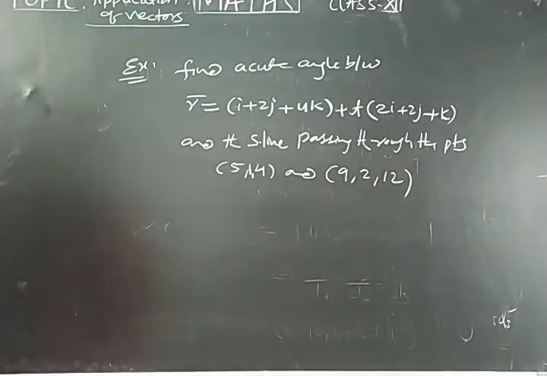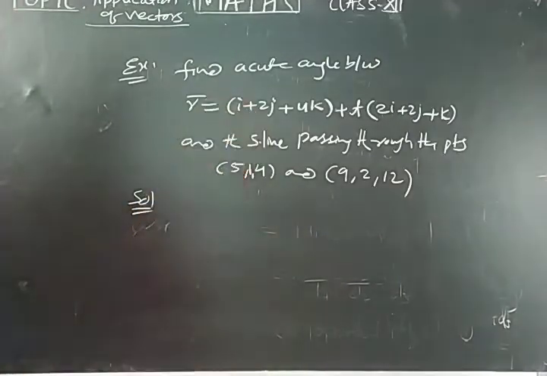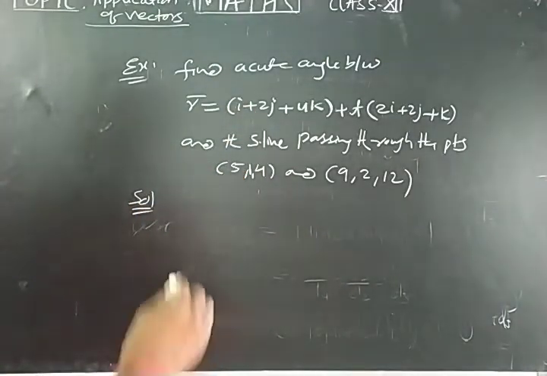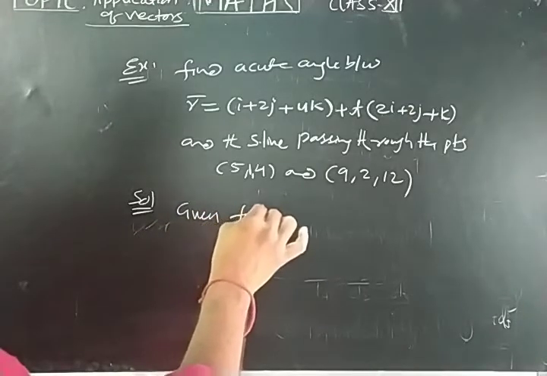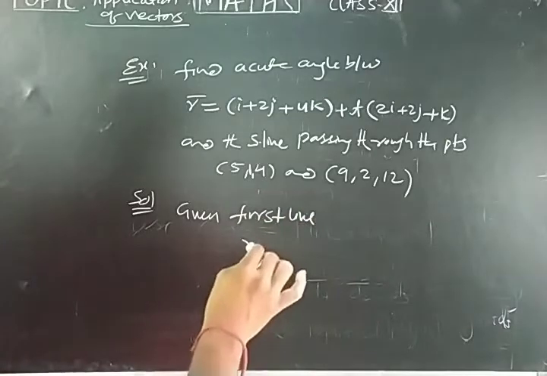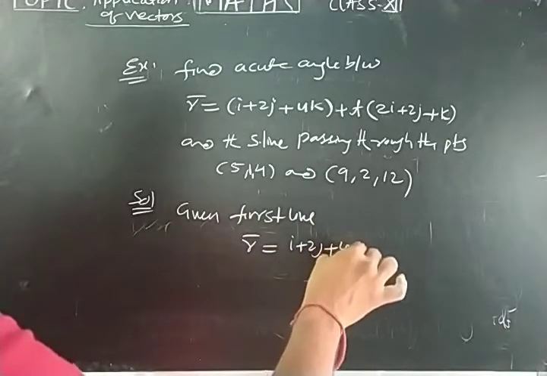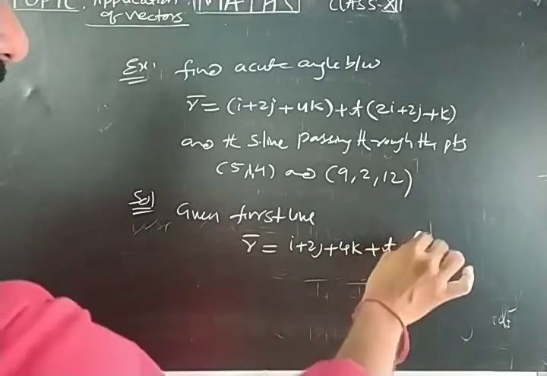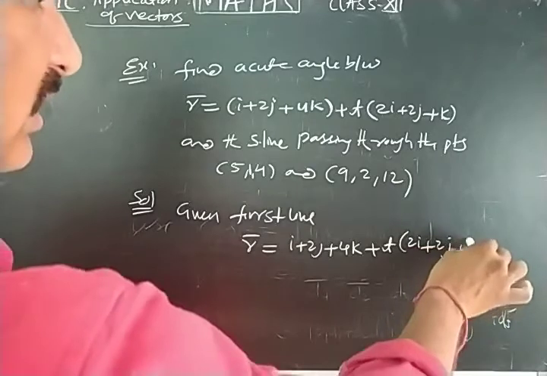Now solution. One straight line is in parametric form. Given first line r bar equal to i plus 2j plus 4k plus t into (2i plus 2j plus k).